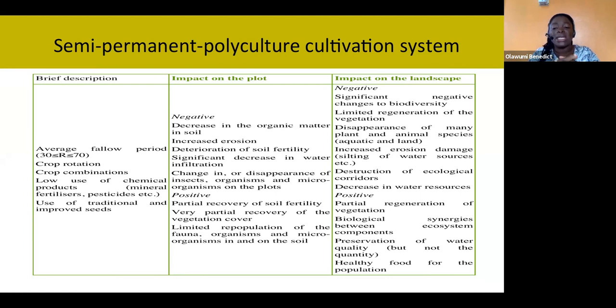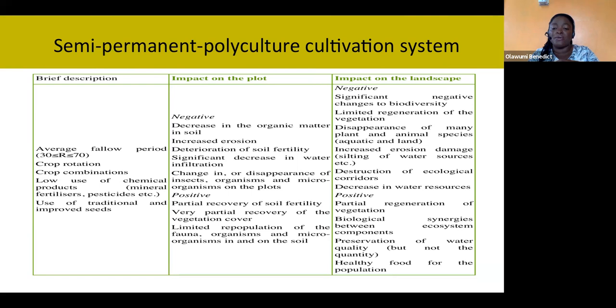So the quality is still preserved, but the quantity of water is not, because we can see from the impact on the plot that there is a negative impact, which is soil erosion. When soil erosion happens, it also pollutes the water bodies.